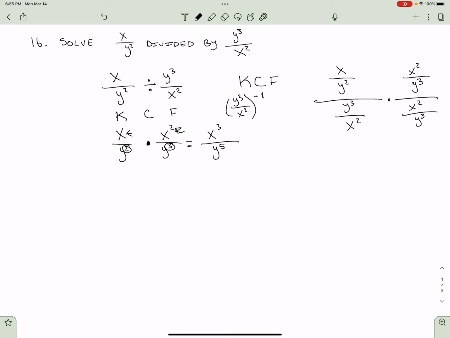And as you can see here, I get a cross cancellation. X squared and x squared is 1. Y cubed over y cubed is 1. All that's 1 down below. But everything in the numerators has to multiply, and the denominators have to multiply. So that's where keep, change, flip comes from.